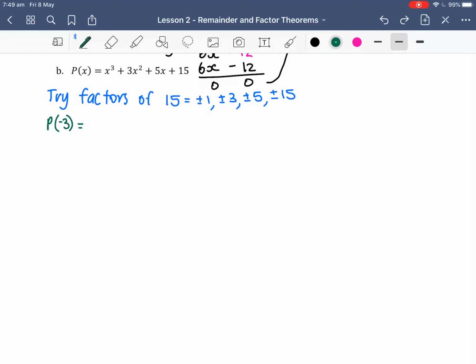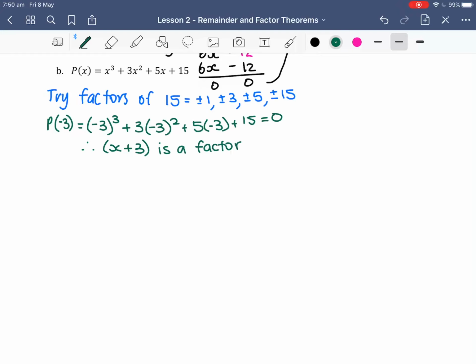Yes, that equals 0. So I write it out just to save paper, but I have tried other ways. So therefore x plus 3 is a factor.